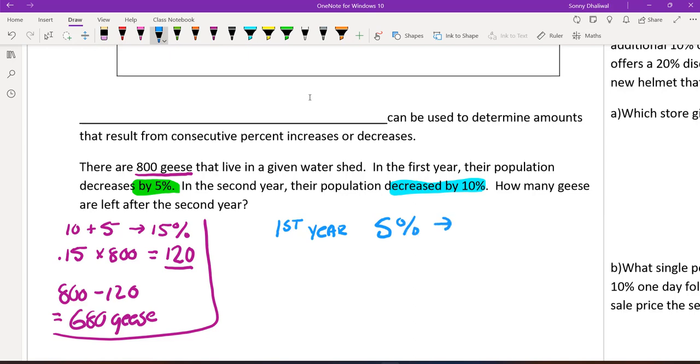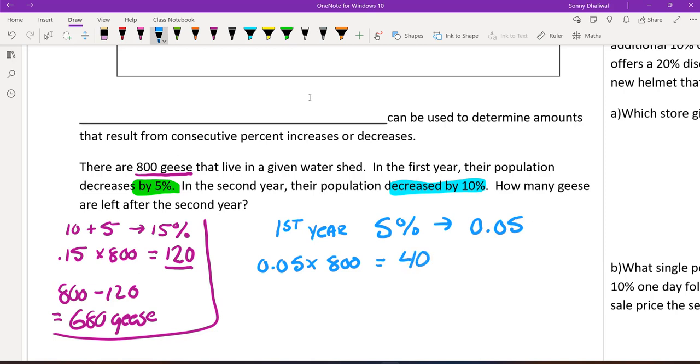We convert that into a decimal, dividing by 100, we get 0.05. So now we take that 0.05, we multiply by 800, and what do we get? Adam? 40? That sounds about right.